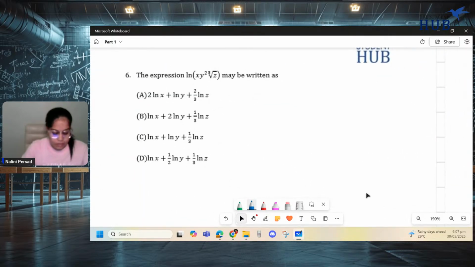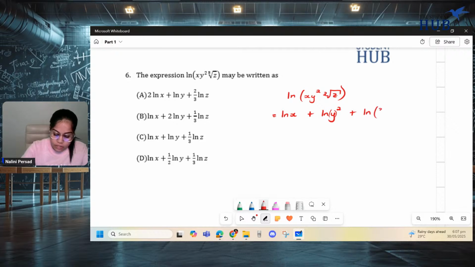Question 6, we want to recall our ln rules. Ln of x, y squared, third root of z. So we recall any ln rule that when it's separated by multiplication, we could write out each one separated by addition. So we have ln x plus ln of y squared. Right, you can put little brackets here to see it properly.